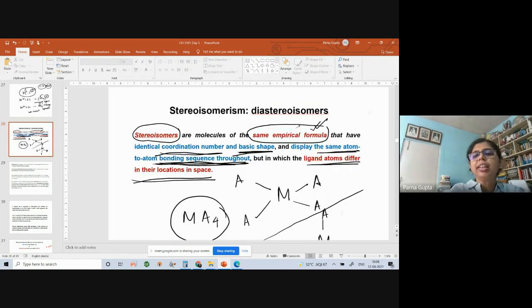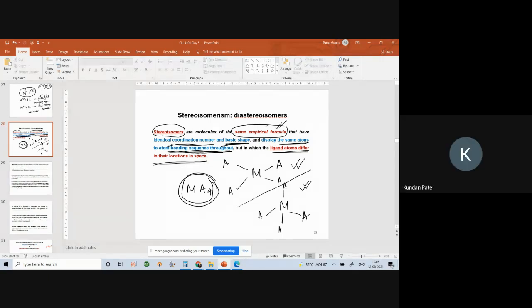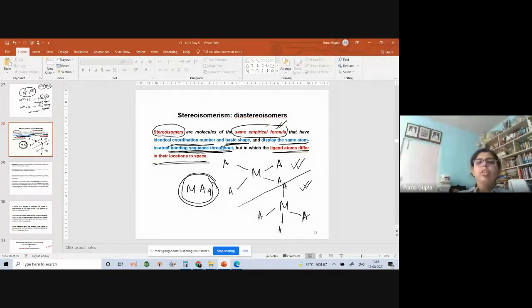So my question was, if you have MA4 in square planar and in tetrahedral, from this definition, would you say that these two are stereoisomers? No, ma'am. Okay, so why? Which point? The basic shapes are not the same, right?